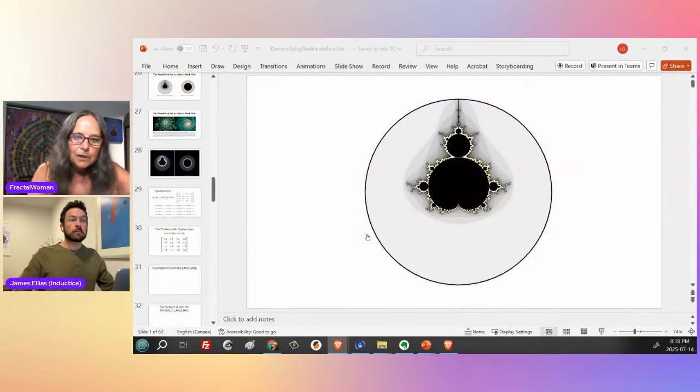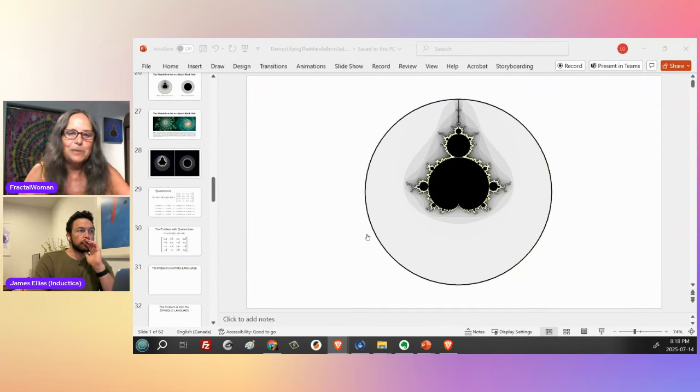So fractals, I'm just going to put my screen up here. That is my mentor. My mentor is the Mandelbrot set. My starting point for my cosmology, which I'm calling fractal cosmology, is: let the universe be fractal.